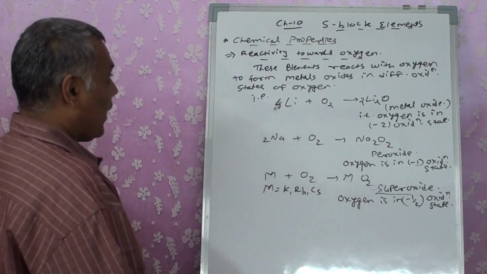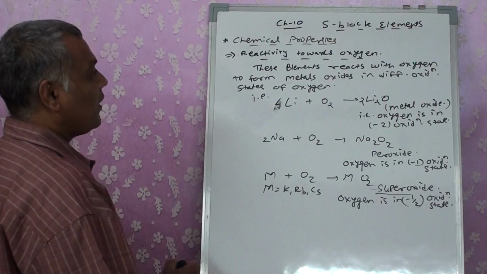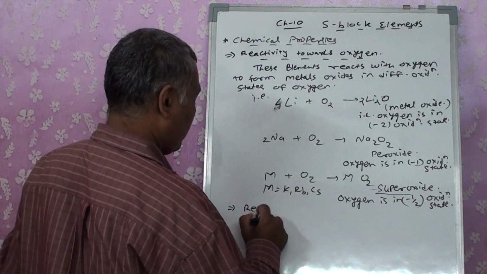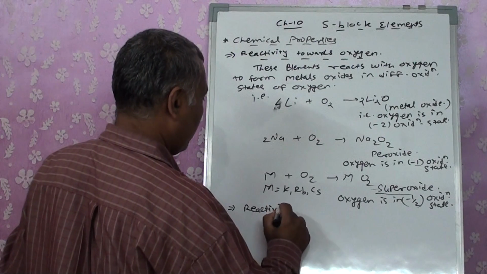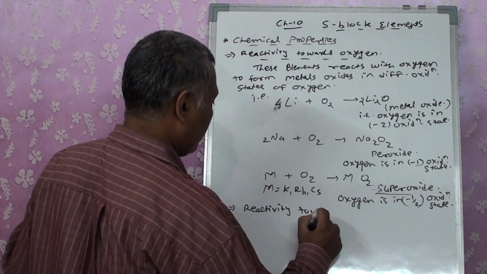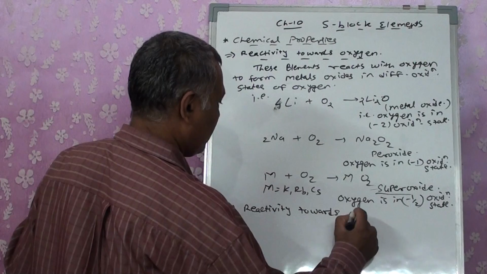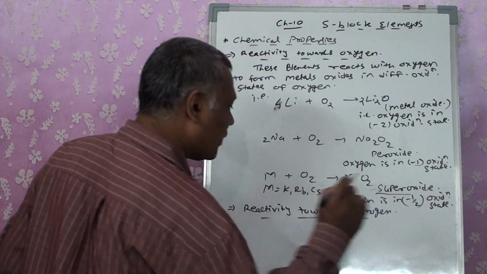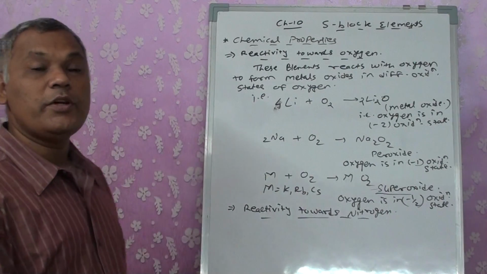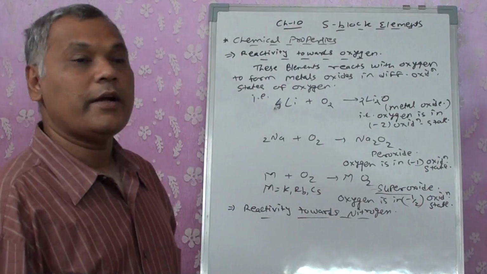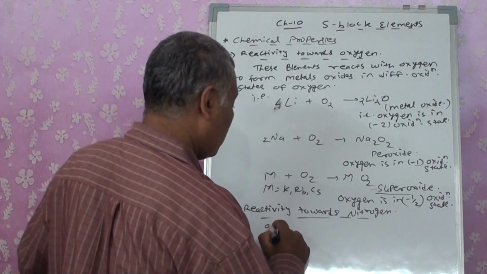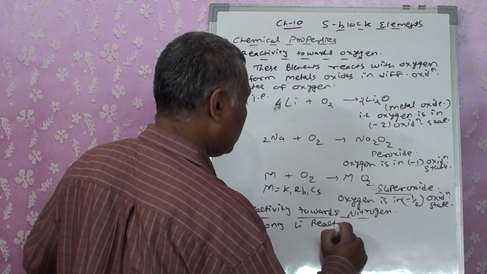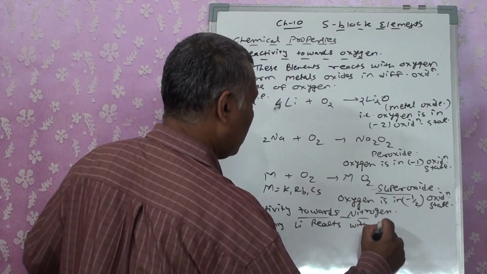Okay. Additional to it, when we have a reaction with nitrogen, this is particularly the smallest of it. The reason is it's only lithium which reacts with nitrogen. Only Li reacts with N2.